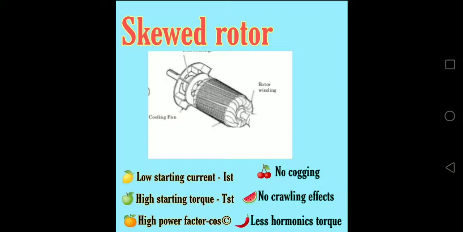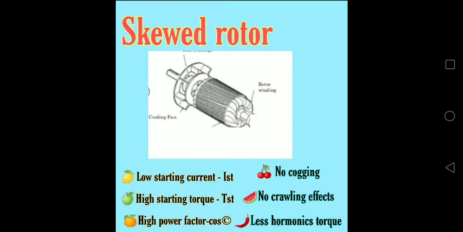Because the slots are inclined in the skewed rotor method, the air gap is more uniform. In a squirrel cage rotor, the air gap is not uniform, but in a skewed rotor, the air gap is more uniform because the rotor bars are inclined to the shaft with some angle.